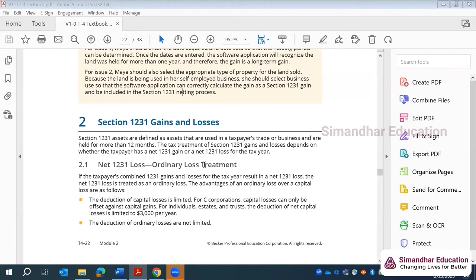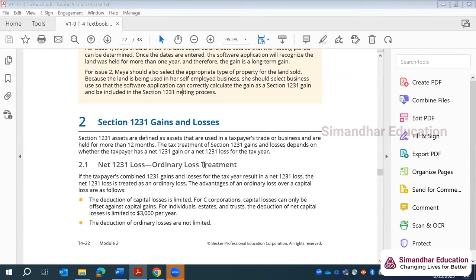So if the gain is treated as a capital gain, what is the advantage for individuals? You will have preferential tax rates. You will pay less taxes compared to the ordinary income.